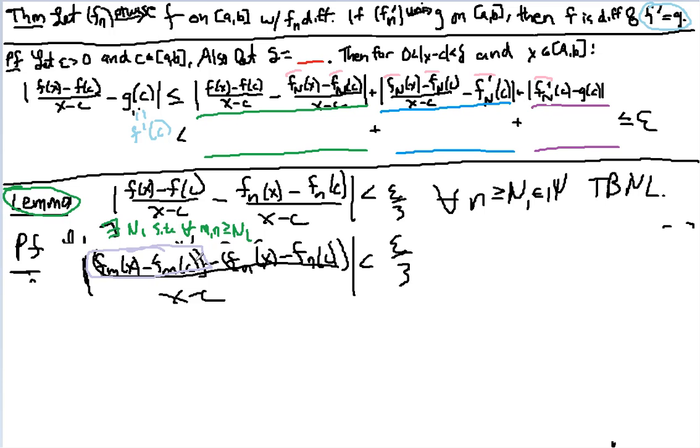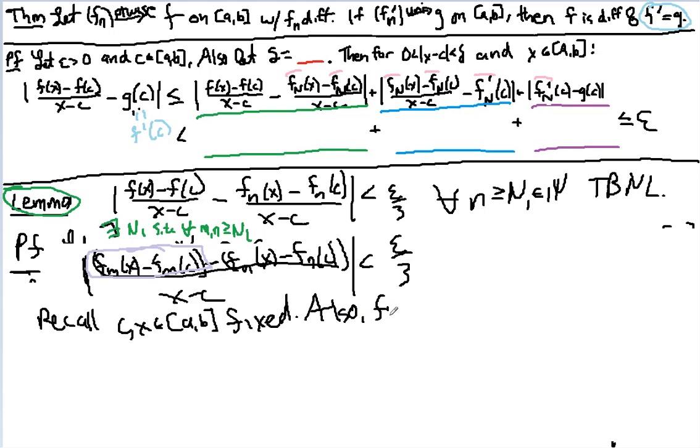And I'm going to fix n as well. So recall, c, x belonging to [a, b] are fixed for this argument. Also, fix n and let m go to infinity.